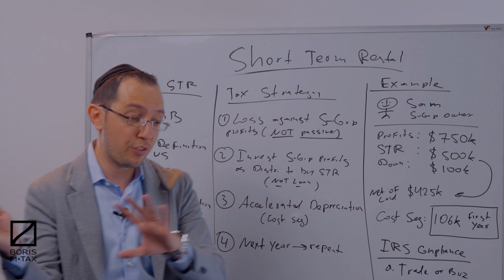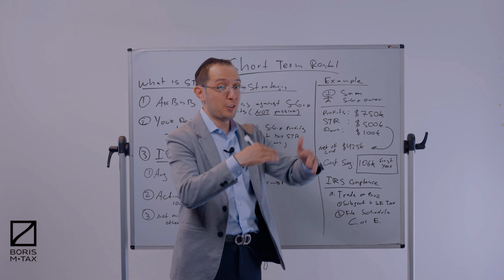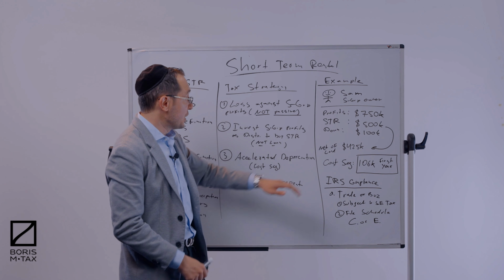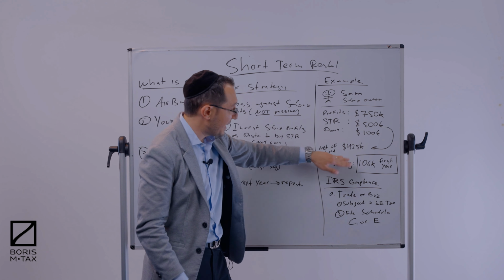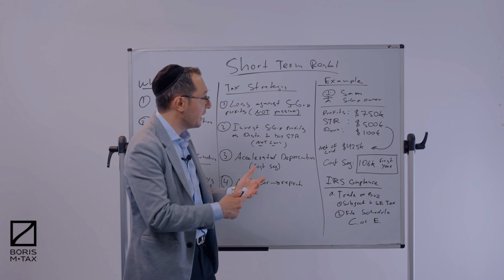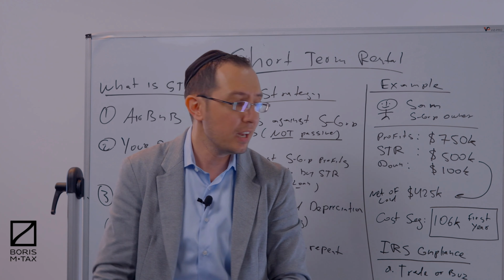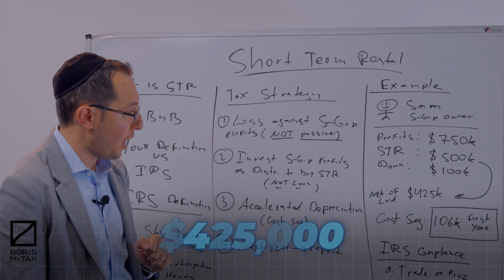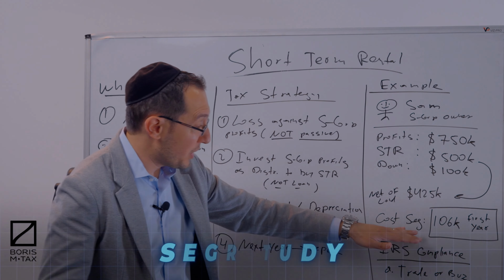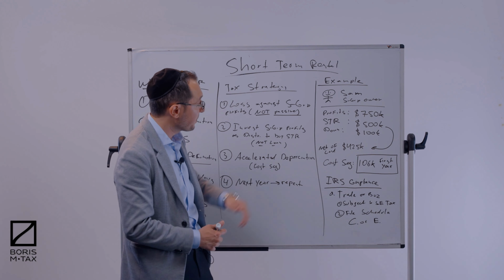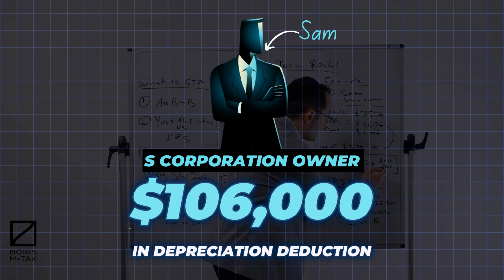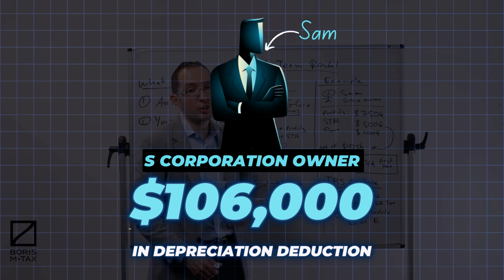Now, this is not to say that you can write off the entire $500,000. There are depreciation rules that we're going to talk about. So we've determined that the net value of the building, net of land, after deducting the land, because land you cannot depreciate, is $425,000. Doing a cost segregation study, which allows us to do the accelerated depreciation, Sam gets $106,000 in depreciation deduction, give or take.